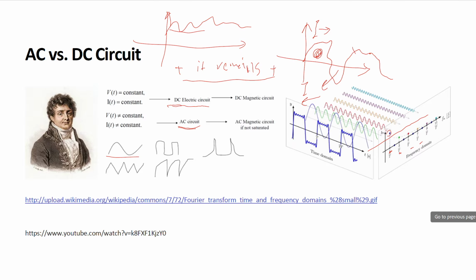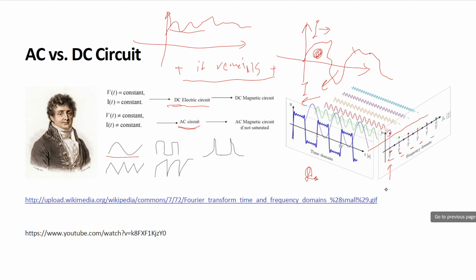Now remember, when you want to analyze a system, frequency is something that we cannot mess with. If you have several frequencies in your circuit, you have to analyze the circuit for each individual frequency.